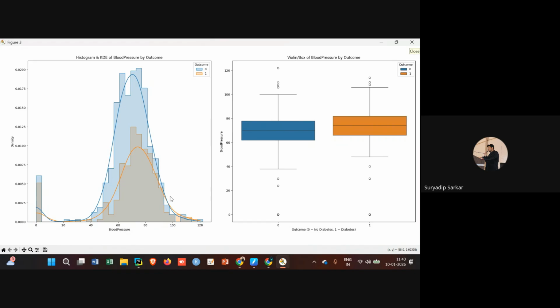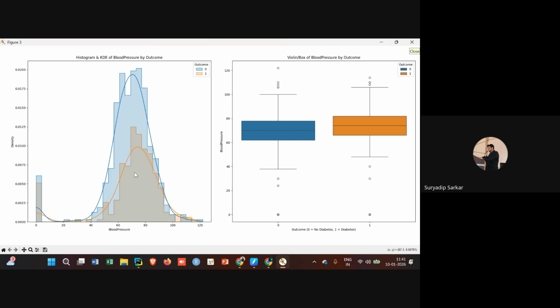That tells you that blood pressure as a variable is not really related to diabetic condition. Your blood pressure does not really correlate well with your diabetes outcome. Rather, it remains very similar in both cases.